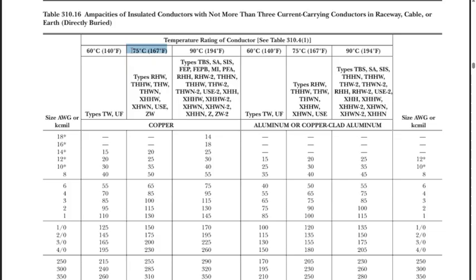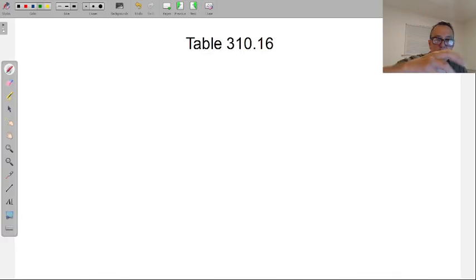If the termination point says it has a temperature rating of 75 degrees Celsius, then we need to pick a wire from the 75 degrees Celsius category or the 90, not the 60. All right, so that would be violating the temperature rating of the termination point.